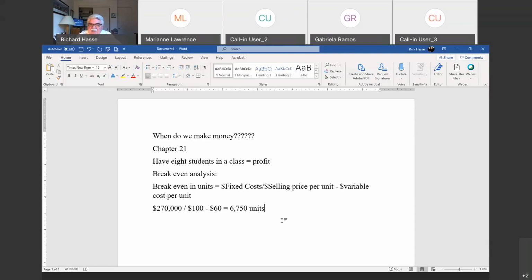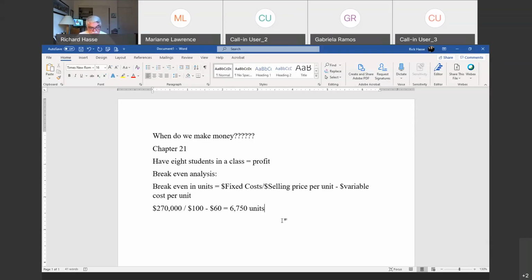Every company has their break-even analysis. How many computers do I need to sell in a month? How many apartments do I need to rent to cover my cost? Whatever. That's why this analysis is very important to know.